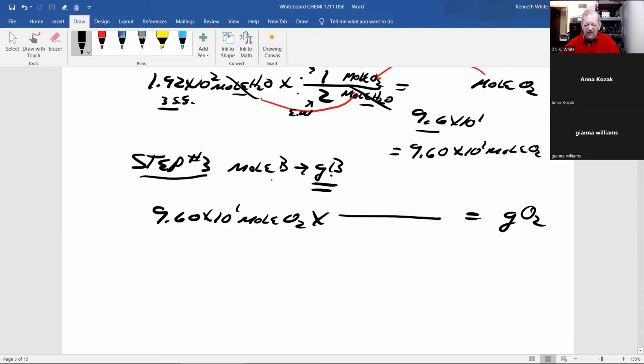And if I had a ratio that can convert moles of oxygen to grams of oxygen, how would I get there? Use your good buddy, your good friend, unit analysis. Whatever I'm trying to get to goes on top. Whatever I'm trying to get rid of goes underneath. I'll write those units in.